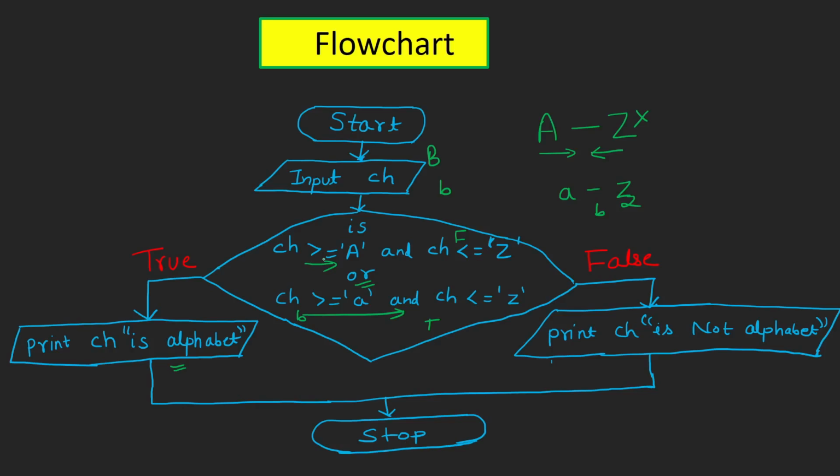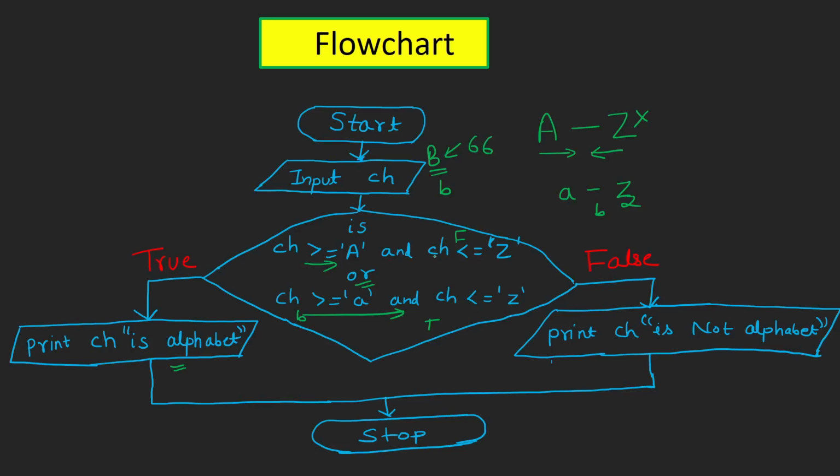Here one important thing to note is that when we are checking whether my ch is in this range, that is, we are checking ch with capital A, capital Z, small a or small z, then actually we are comparing this ch with the ASCII value of capital A, capital Z or small a. So in the case of this B, the ASCII value is 66.